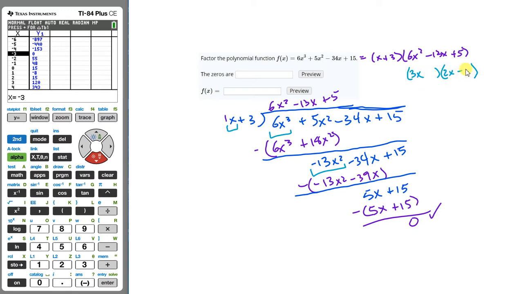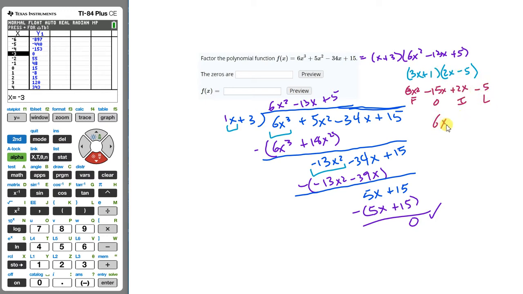So if I go minus 5 and plus 2, plus 1, let's just check it with FOIL real quick. First times first, 6x squared. Then outer times outer is minus 15x. Inner times inner is plus 2x. Last times last is minus 5.